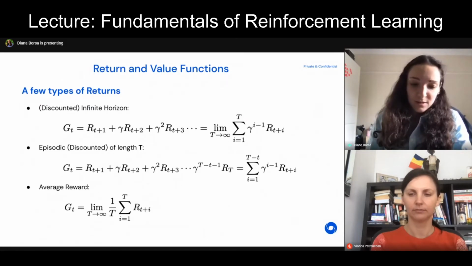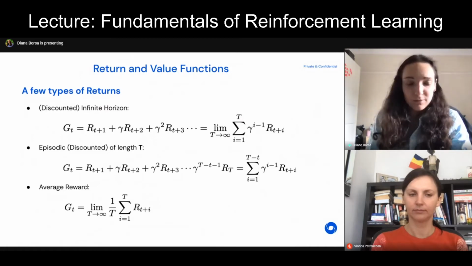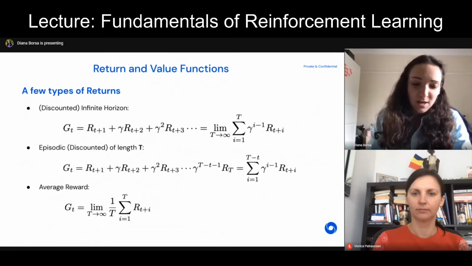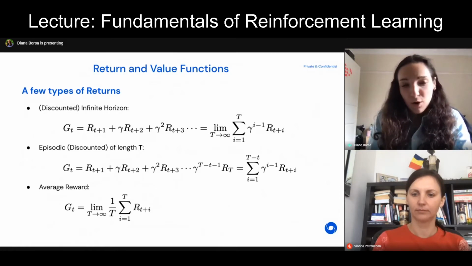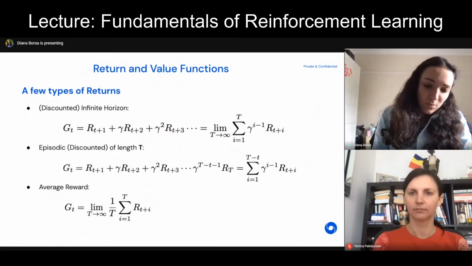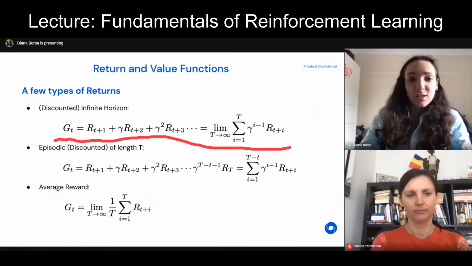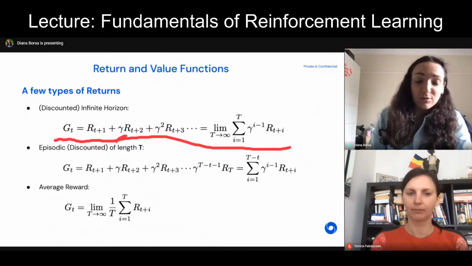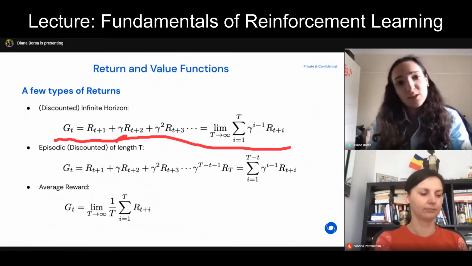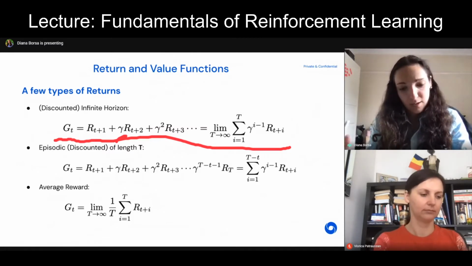Moving on, the notion of cumulative reward has a couple of different ways of being formalized. The most popular definition is the discounted infinite horizon, where we sum the rewards that the agent will obtain during its lifetime and discount them according to their place in time. This is for continual learning problems, because this is an infinite horizon problem. This is by far the most common formulation.